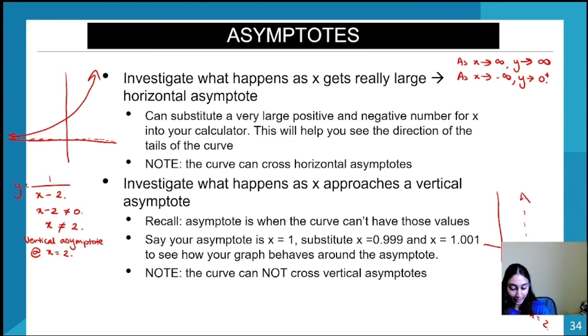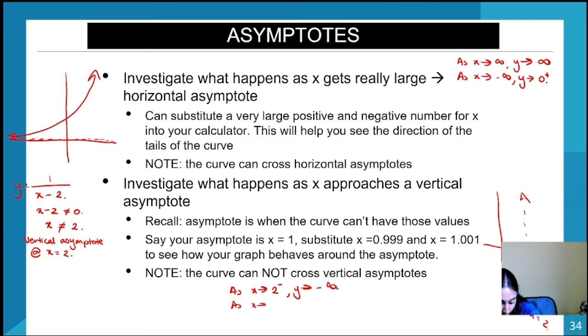So 1.9999999 minus 2. Okay, so on the left-hand side, we're getting minus like 10 million or something. So I can write as x approaches 2, I'm going to write from the negative side. So from the left-hand side, y approaches minus infinity.